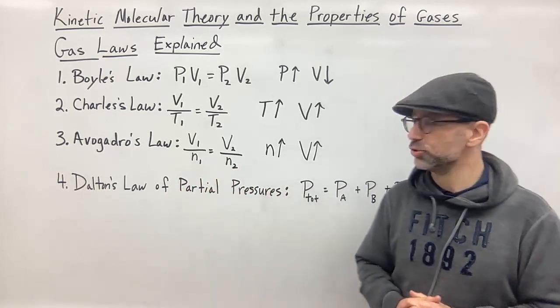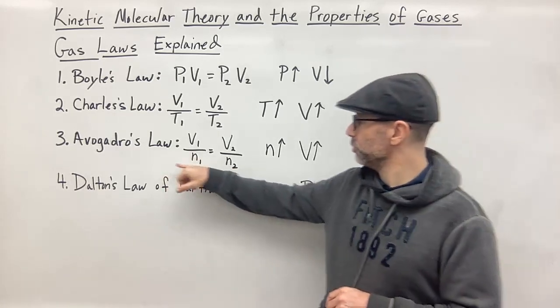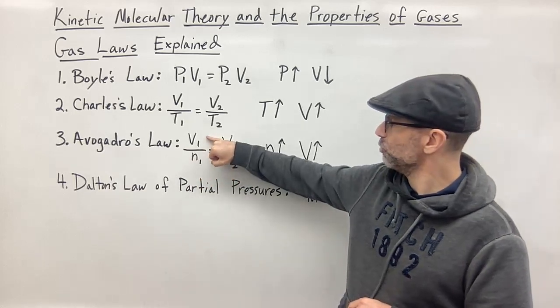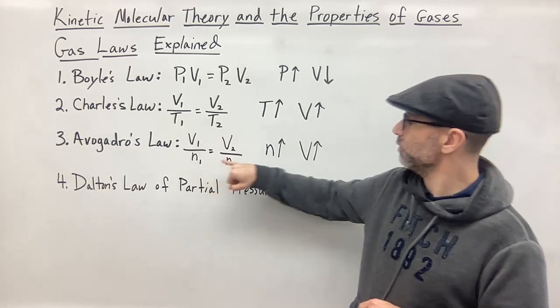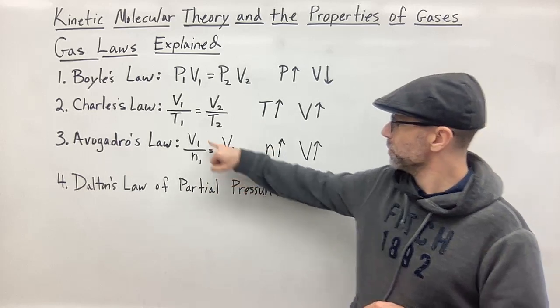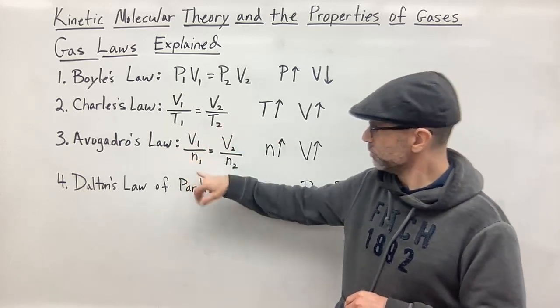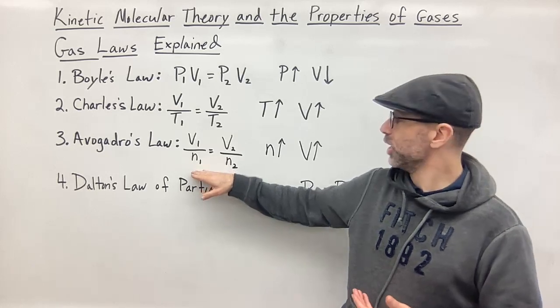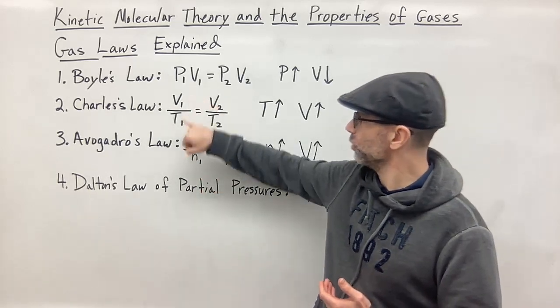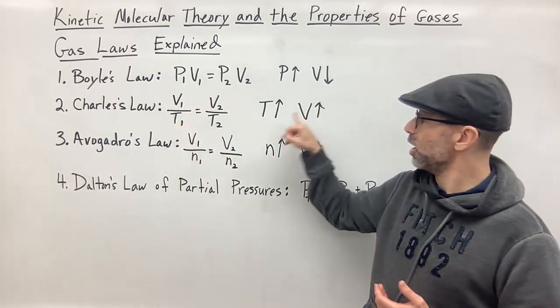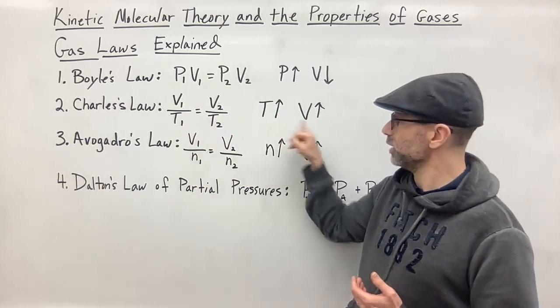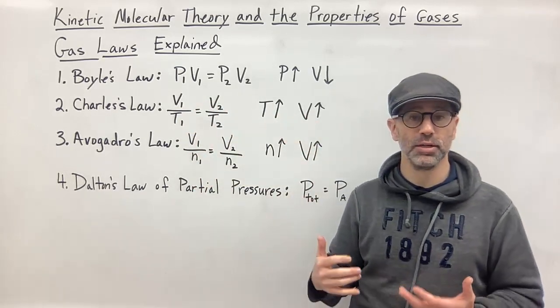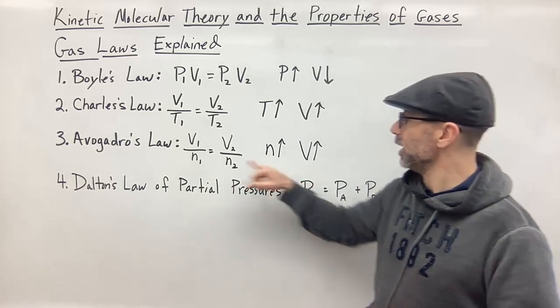What about Avogadro's law? So Avogadro's law, you remember, is V1 over N1 equals V2 over N2. And so here we're relating volume with the amount of moles of gas, right? Before, we were relating the volume with the temperature, and we were able to explain why they're directly proportional according to the kinetic molecular theory. Well, what about Avogadro's law?